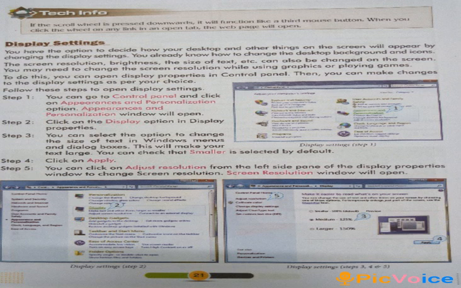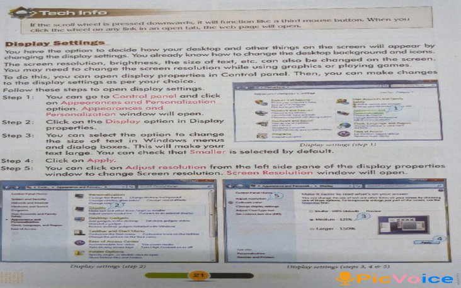You can select the option to change the size of text in Windows menus and dialog boxes. This will make your text large. You can check that smaller is selected by default. Step 4. Click on Apply.